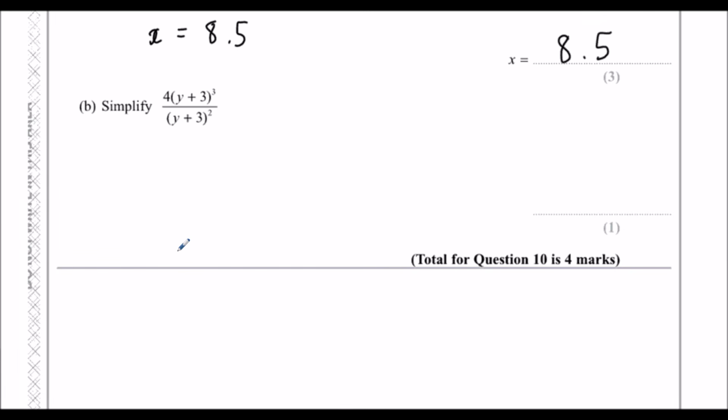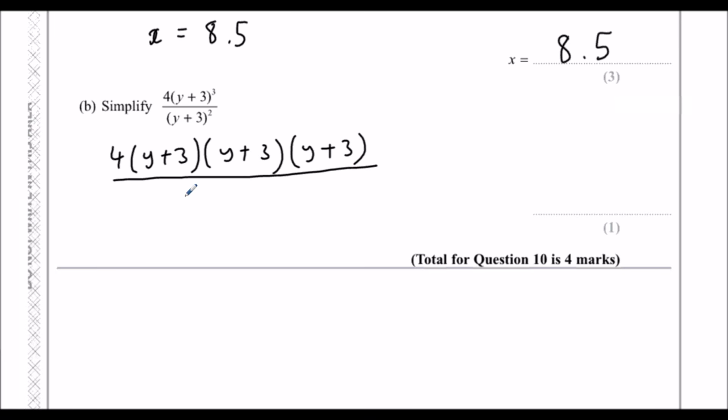Part B, simplify. So I've got 4 times y plus 3 cubed on top over y plus 3 squared on the bottom. So we can just cancel off. So this is the same as 4 times y plus 3 times y plus 3 times y plus 3 over y plus 3 times y plus 3.